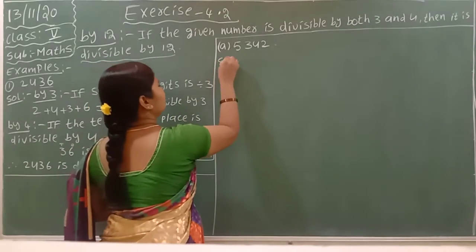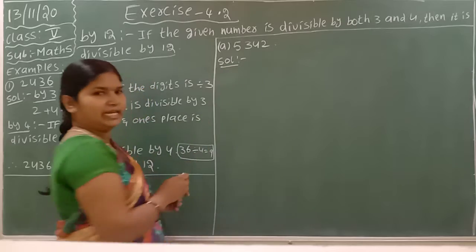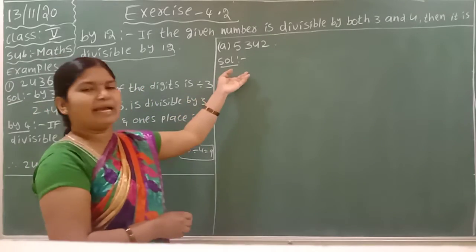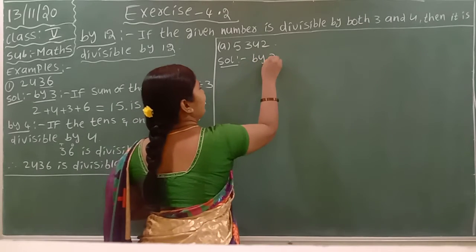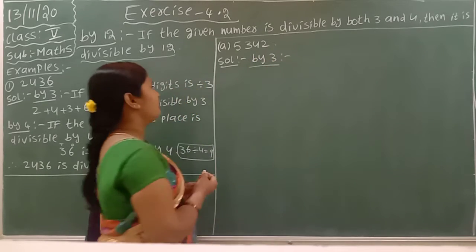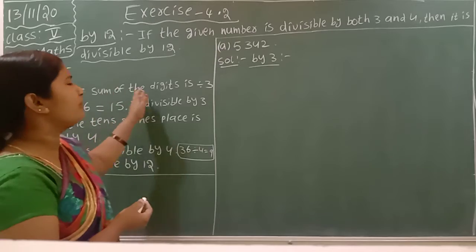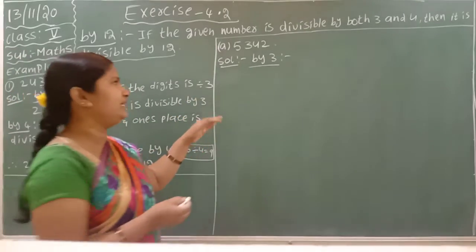First what you have to do? You have to check whether it is divisible by 3 or not. Means you must write down the by 3 rule. What is the by 3 rule? If the sum of the digits is divisible by 3.